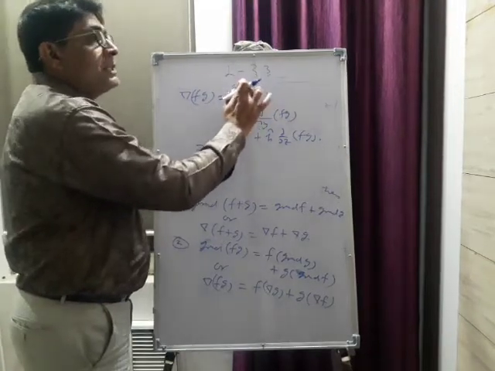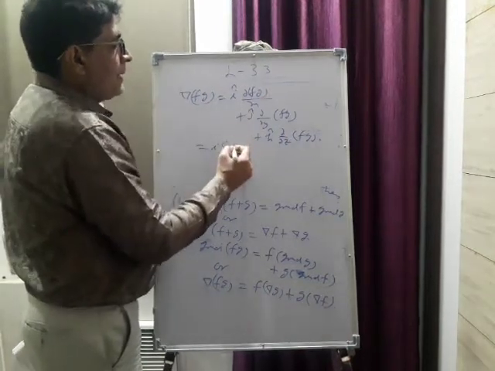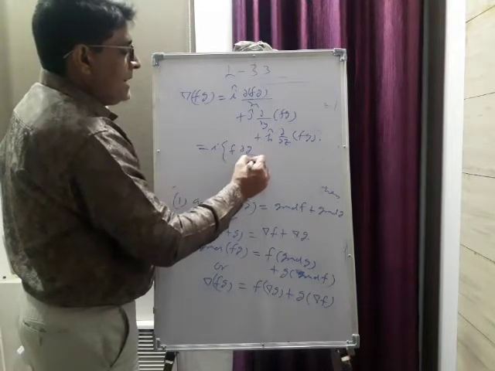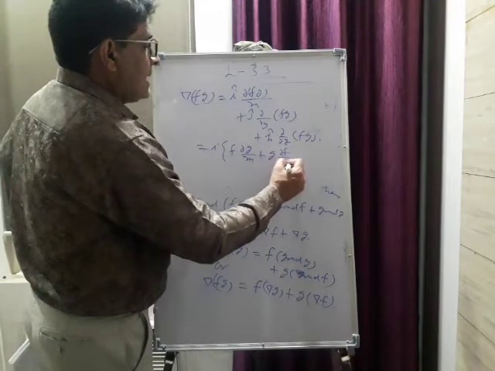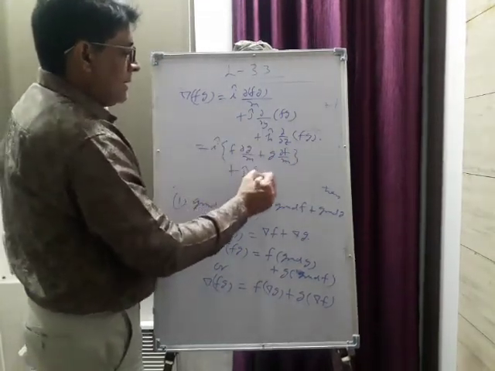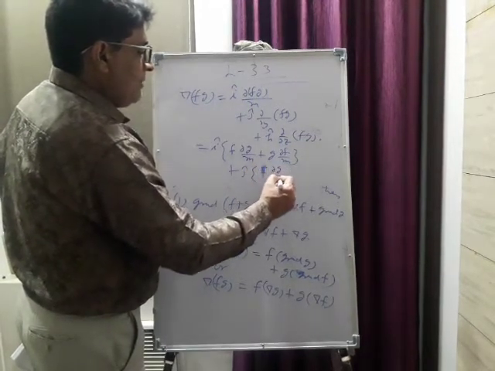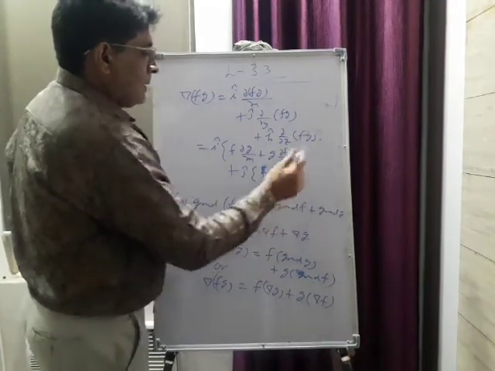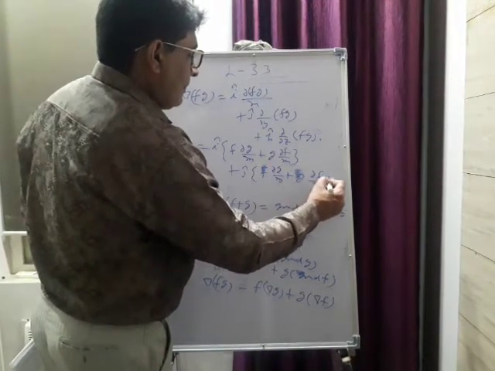So here fg is the product. Applying the product rule, this becomes first function times del g over del x plus second function times del f over del x. Similarly, j times f del g over del y plus g del f over del y.